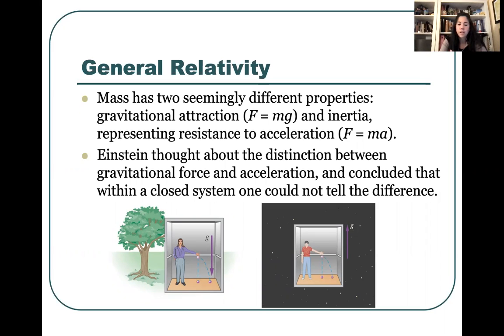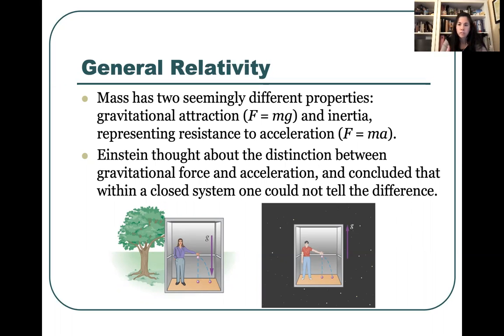So Einstein looked at these two effects: the gravitational attraction, F equals mg, or universal gravitation, and inertia, essentially being resistance to acceleration.